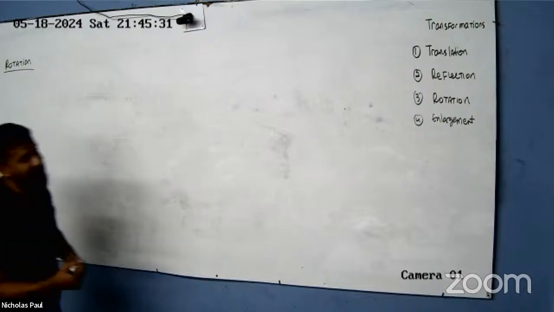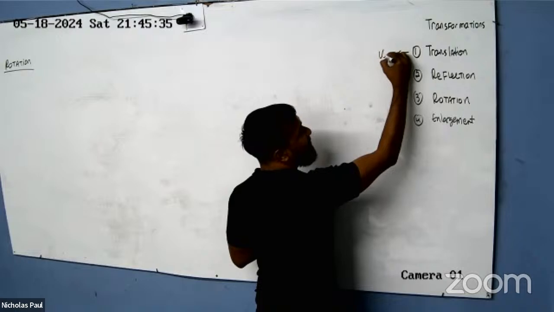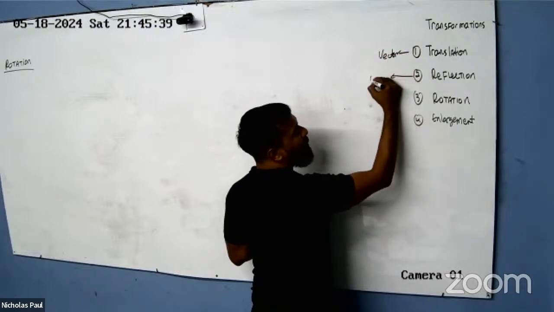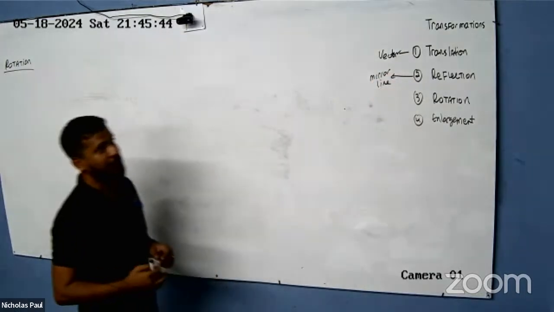So a translation, we needed a vector, and a reflection, we needed a mirror line. Those were two things that we needed.